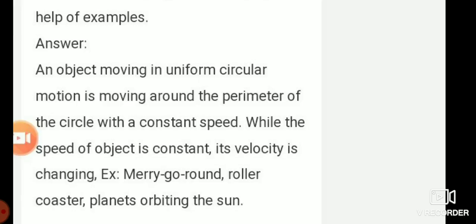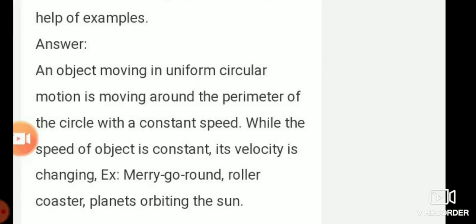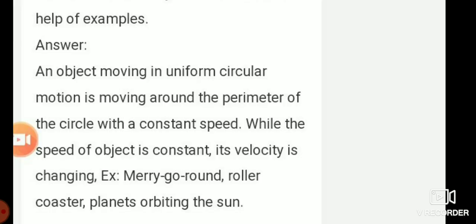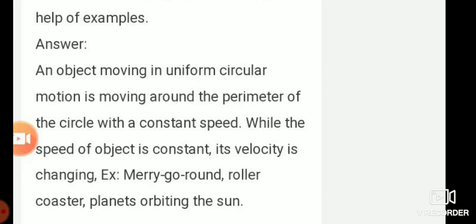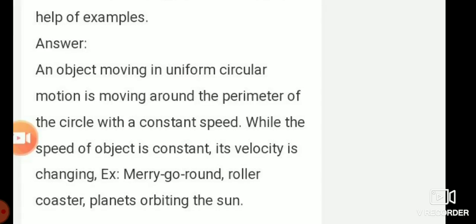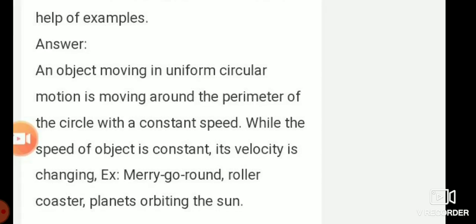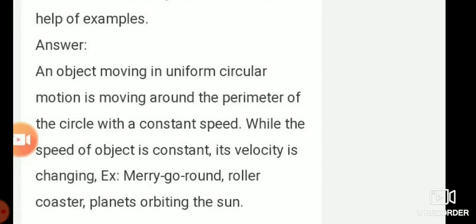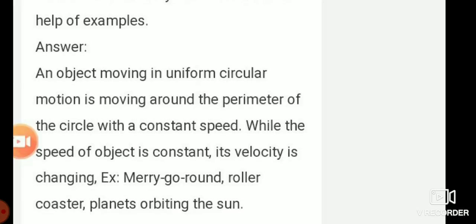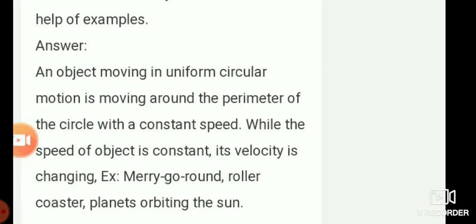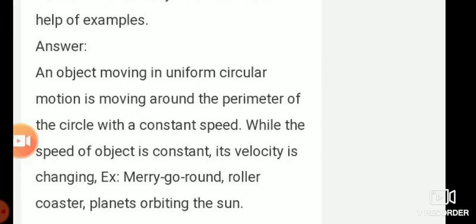Example: merry-go-round, roller coaster, planets orbiting the sun. For writing the question, you can leave space. First write the answer. After completing this class, sit freely and write the question.